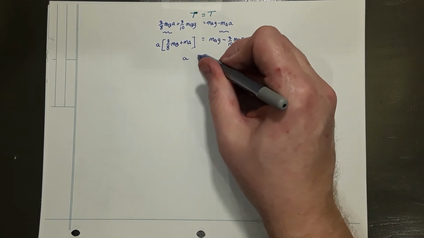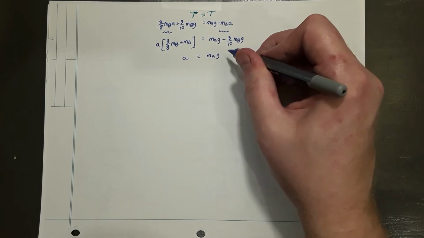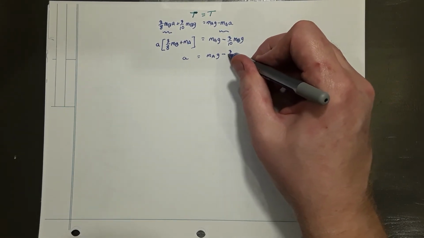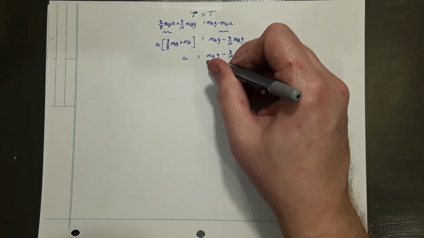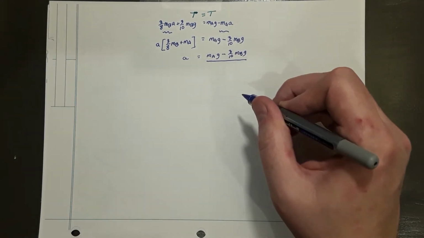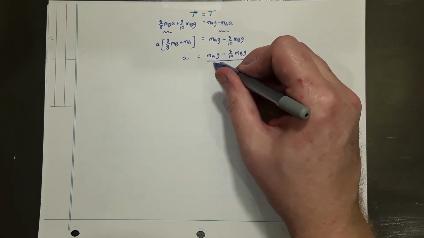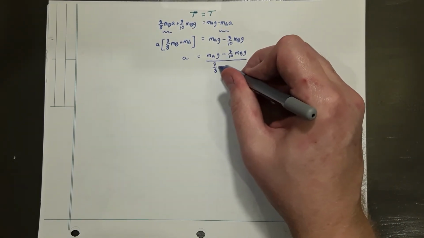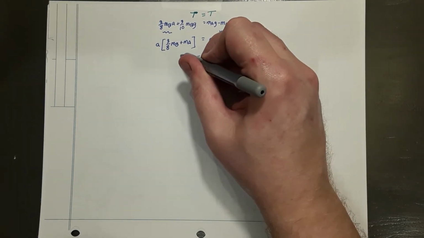And if I divide that expression by that mass-dependent statement, we find a relationship that calculates the acceleration of the system as MAG minus 3/10 MBG divided by 3/8 MB plus MA.